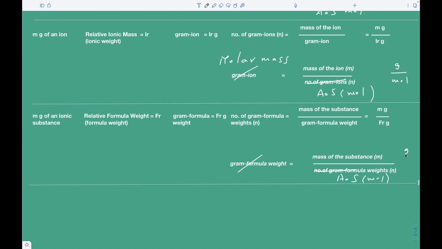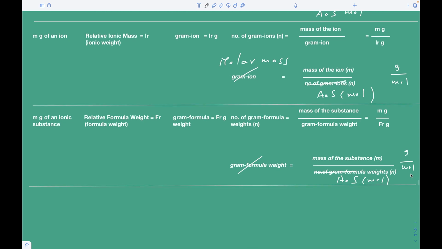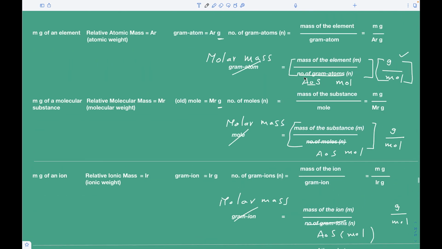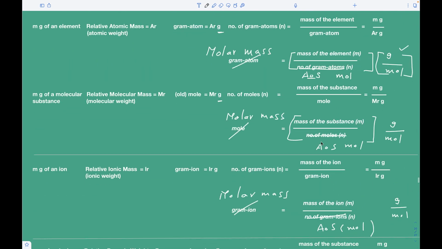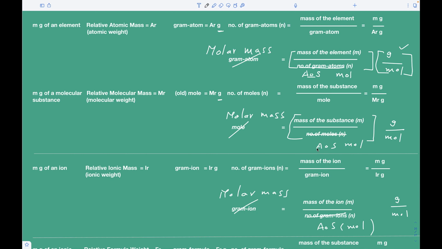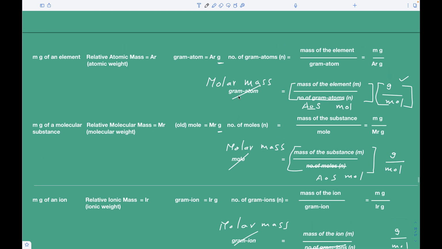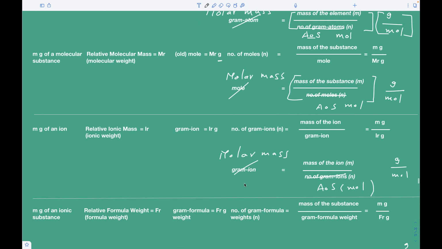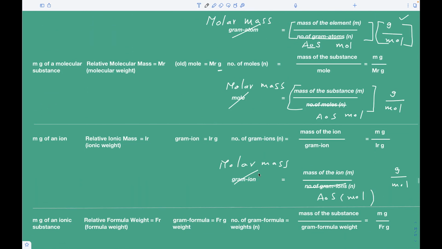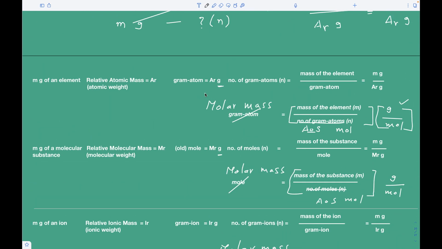So what we have done here is, when we replaced these terms like number of gram atoms, number of moles, etc. with the physical quantity amount of substance, we also replaced these old names like gram atom, gram mole, gram ion, gram formula weight, etc. with a single name called molar mass.